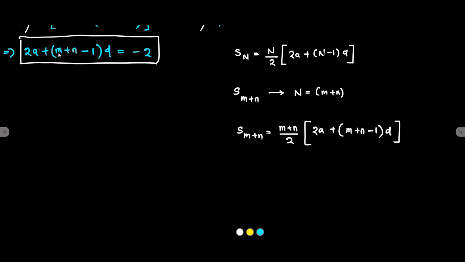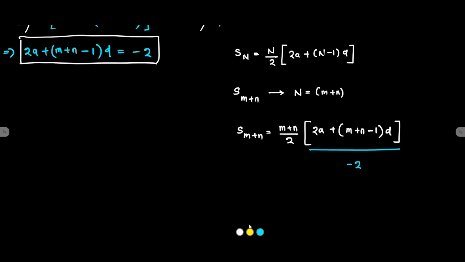Now we established that 2a plus (m plus n minus 1) into d is equal to minus 2. So this whole part becomes minus 2.